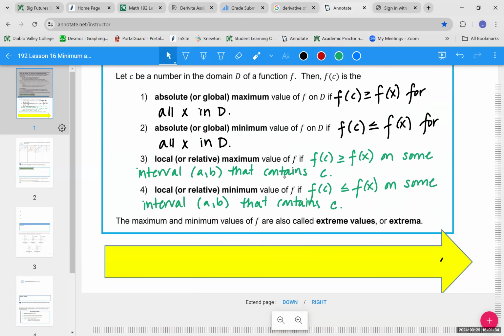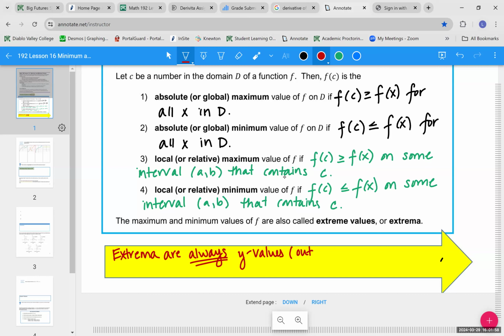But every single one of those that we're talking about is a y value. So it's really important to note that extrema, which is the plural for extreme values, are always y values.